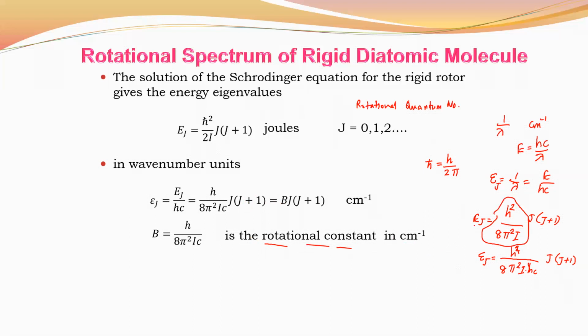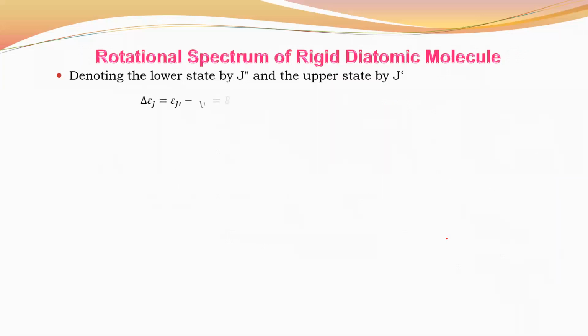Then the value of B in joules must be equal to h square divided by 8 pi square I. Denoting the lower state by J double dash and the upper state by J dash, we evaluate the variation in energies.